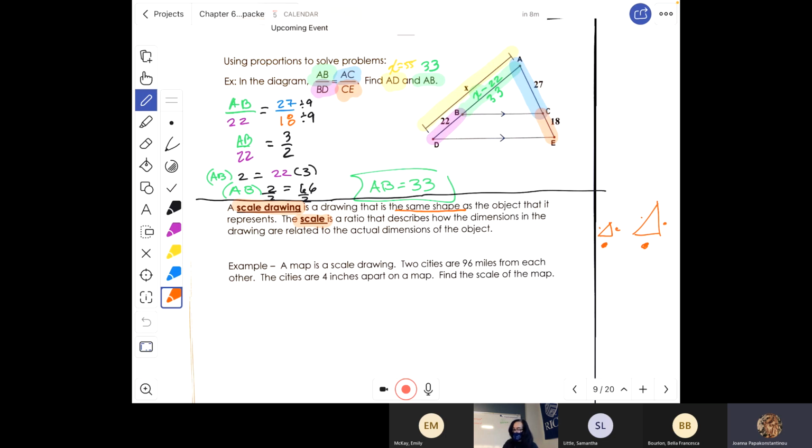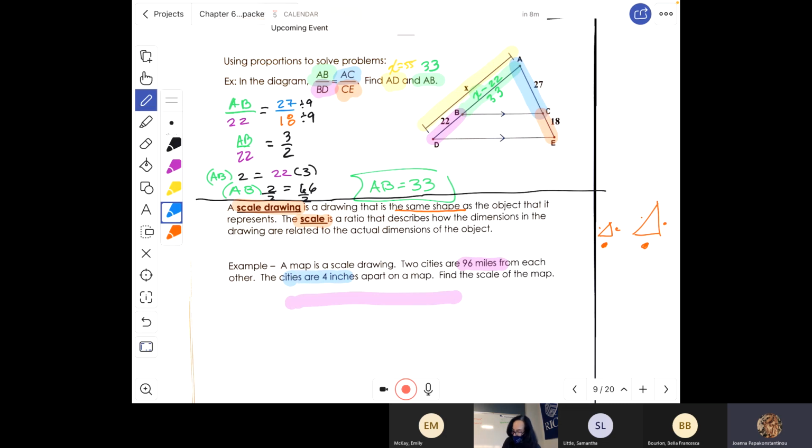So for example, where we see that in the world is a map. A map is a scale drawing. So if I have two cities that are 96 miles from each other, but on the map, the cities are only 4 inches apart.